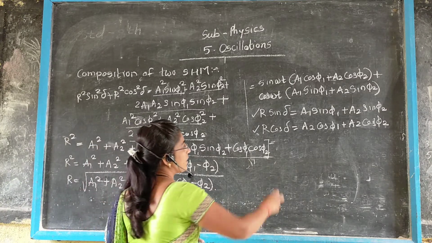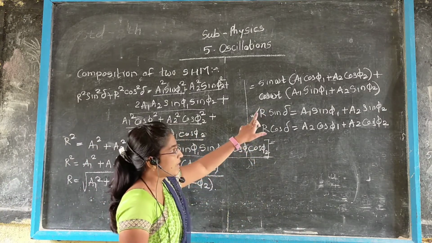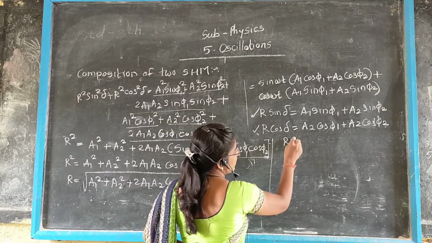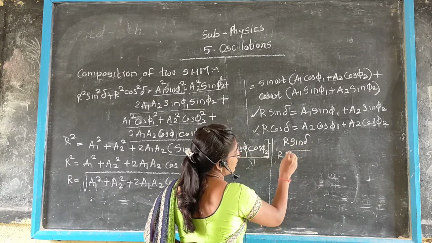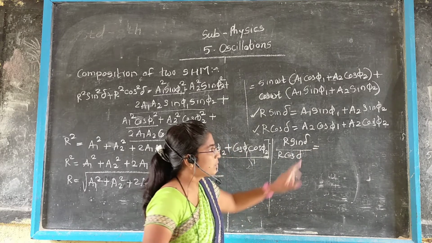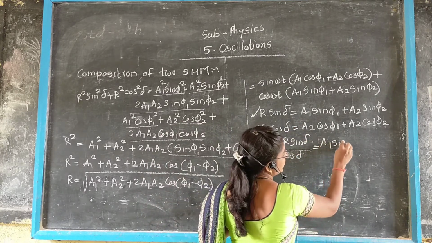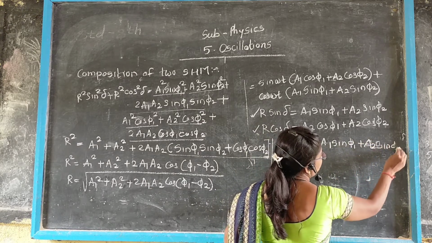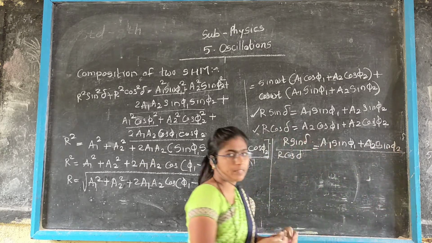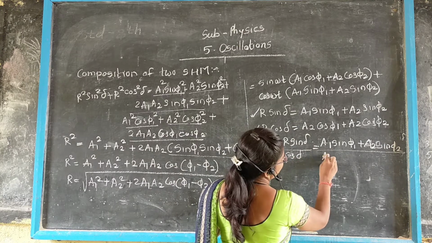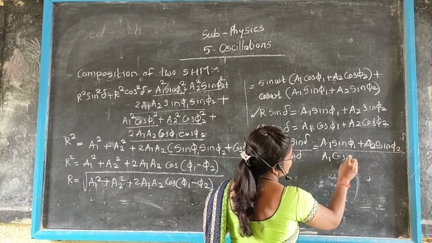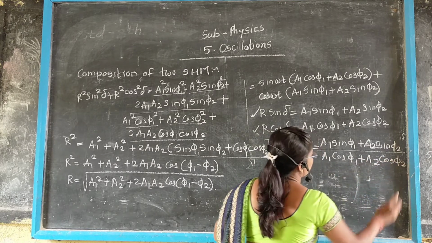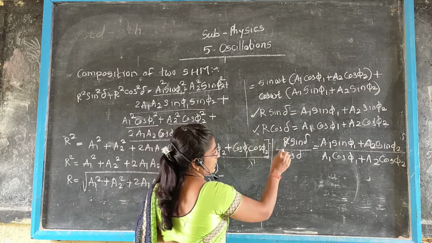For this, dividing the first equation by the second equation, we get r sin delta divided by r cos delta is equal to (a1 sin phi 1 plus a2 sin phi 2) divided by (a1 cos phi 1 plus a2 cos phi 2). This r will cancel.